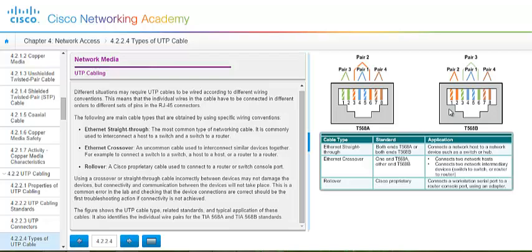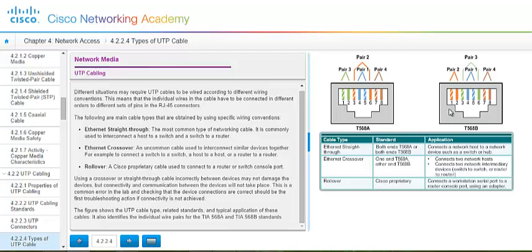Your Ethernet straight-through has both ends as either the 568A or the 568B. And these connect a network host to a network device, such as your switch or your hub. You can have a crossover cable where one end is the 568A and the other is the 568B.